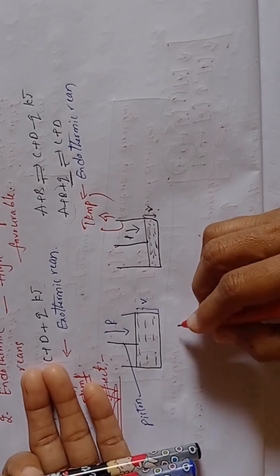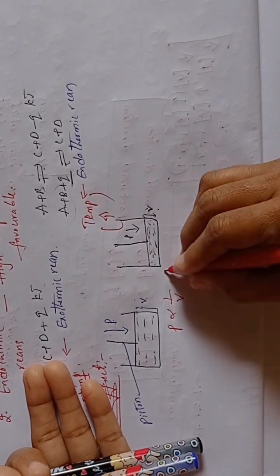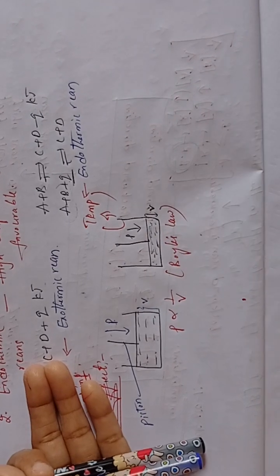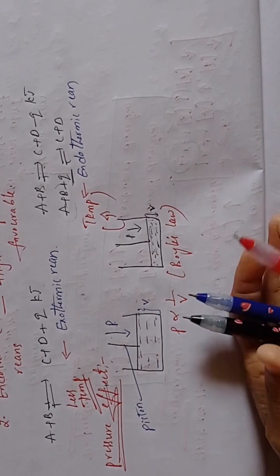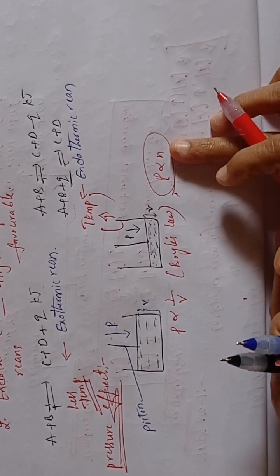So that means what we can say, students? Pressure is inversely proportional to the volume. This is Boyle's law. Clear? And one more law is that pressure is directly proportional to the number of moles.